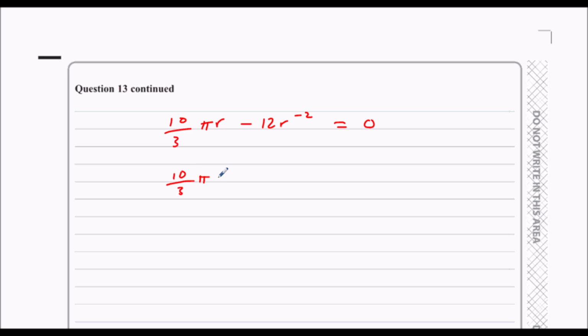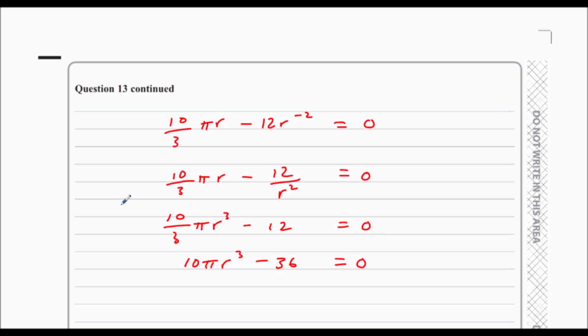So I'm going to rewrite 12r to the power of -2 as 12 over r squared. Then I can multiply through by r squared. So I have 10/3 pi r cubed minus 12 equals 0. Multiply by 3. So 10 pi r cubed minus 36 equals 0.